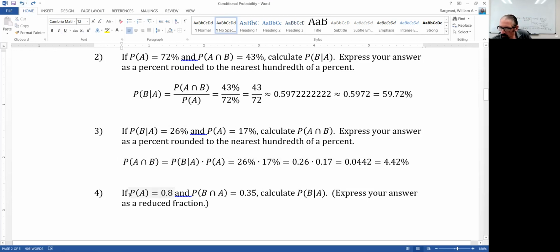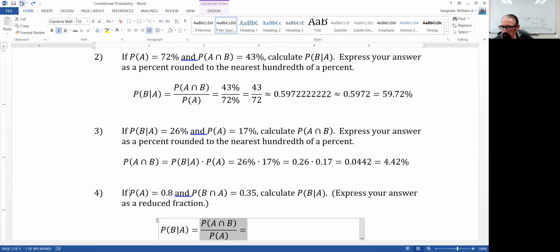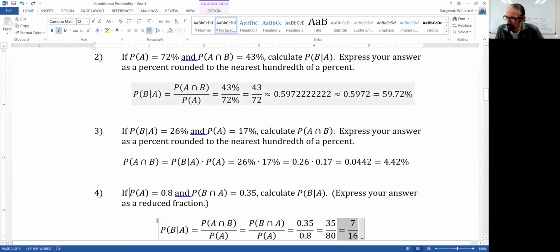In this one, we've got the probability of the intersection and the probability of A. So that's going to allow us to get the probability of B given A. That's the first formula we saw. And when we do the division, let me show something here on the calculator.